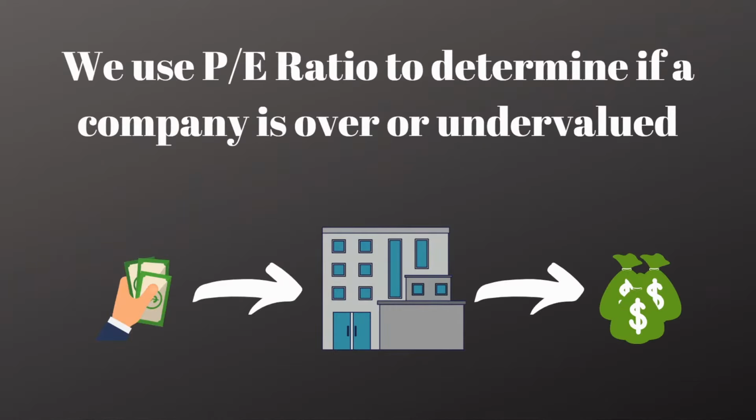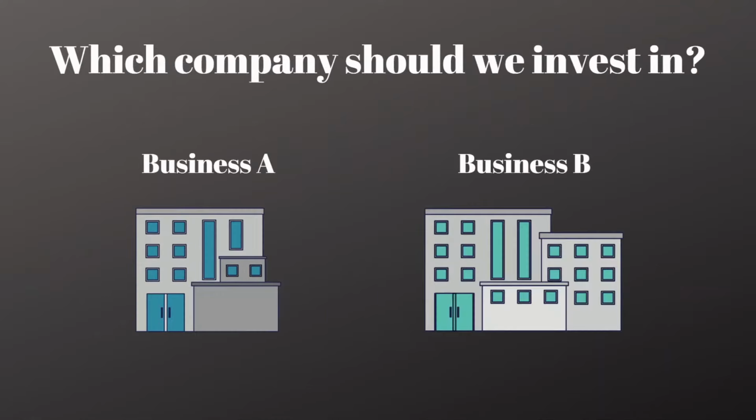Our goal as investors is to give money to a company and hope that we have a positive return on investment, whether that be through dividends or capital appreciation. So the beautiful part about the stock market is we have the luxury of choosing from multiple companies, hundreds or even thousands of companies. So we can determine which one is a better investment.